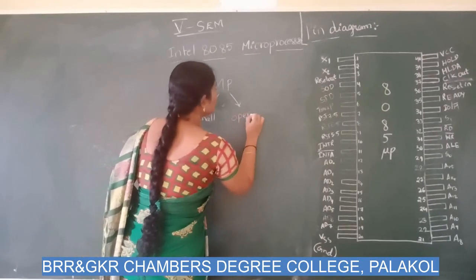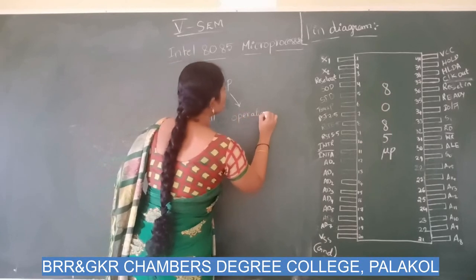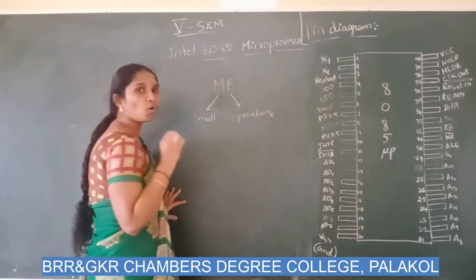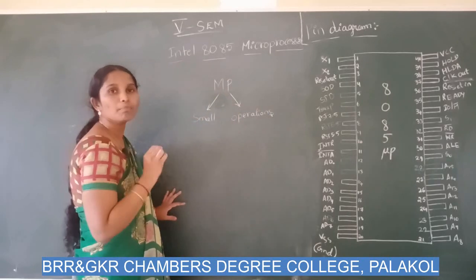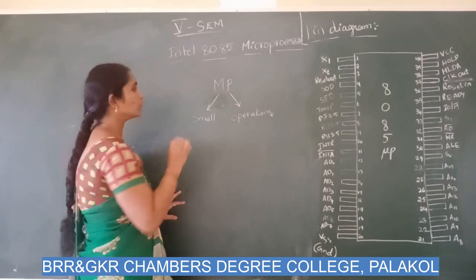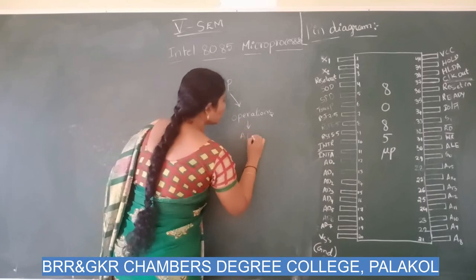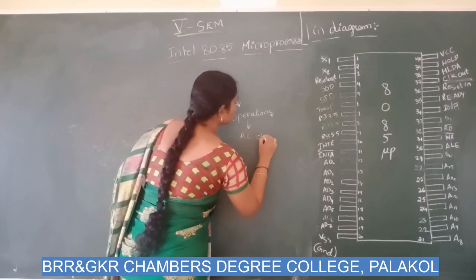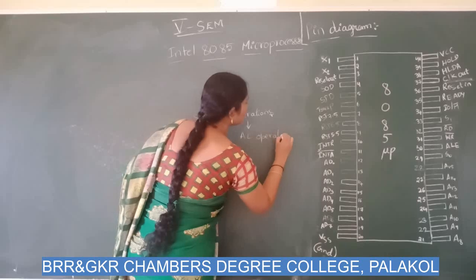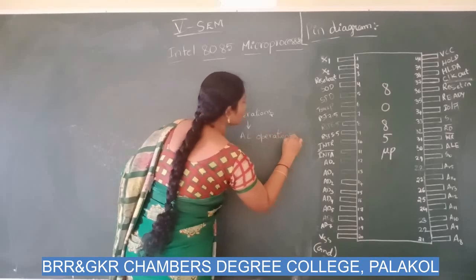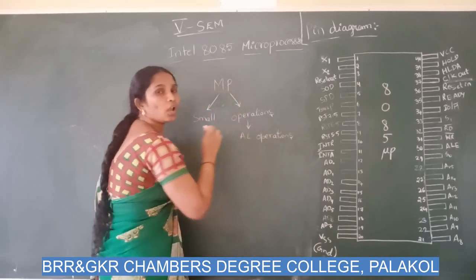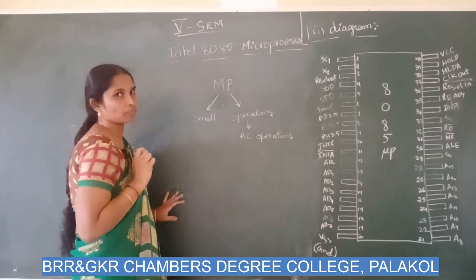So what type of operations can a microprocessor perform? Those are the arithmetic and logical operations.